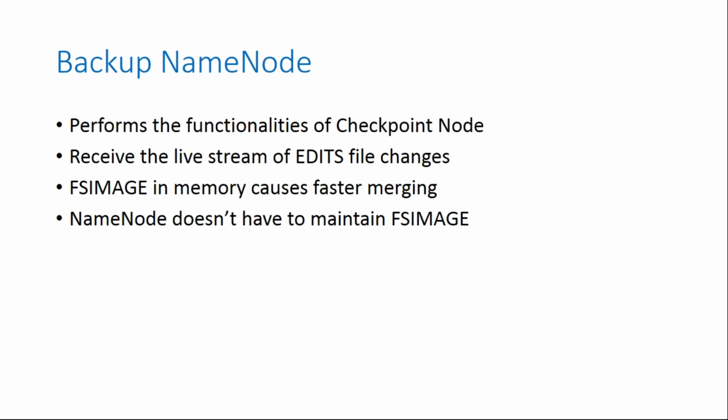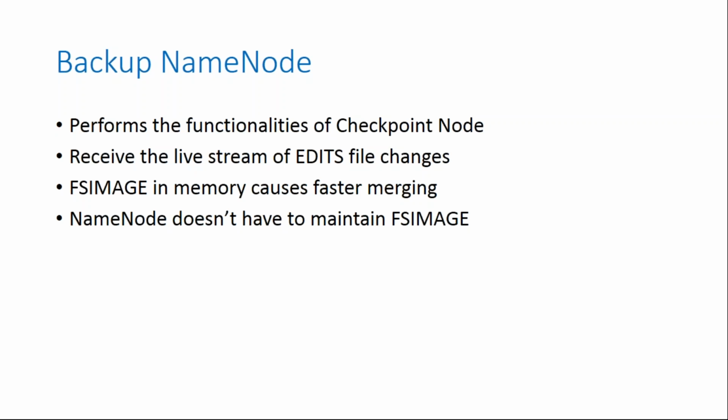The backup name node receives a continuous stream of edits file changes, in the form of a byte stream, so it doesn't have to go and copy the file periodically, because the edits file is always up to date. Even if it goes down, it would be up to date to the second, because it's a byte stream.